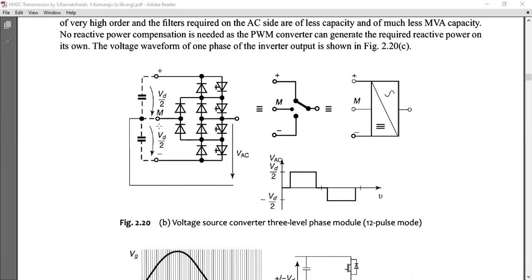And here we have high generated harmonics, of high order, and we need filters on the AC side in order to eliminate them.